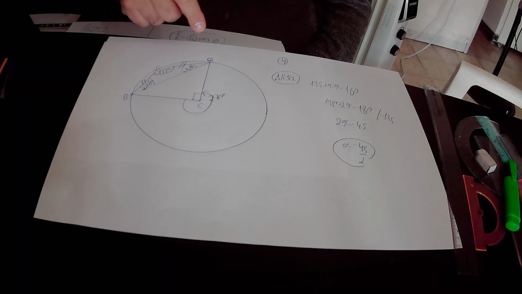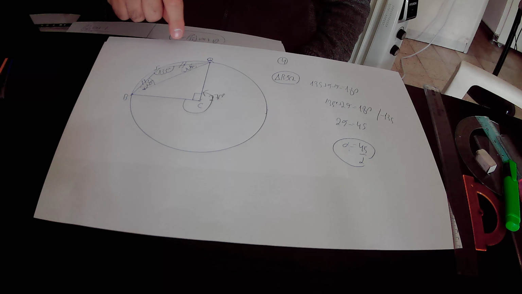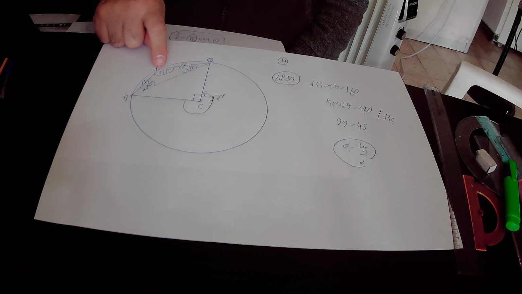Because the central angle QCB equals 270 degrees, peripheral angle QSB must be equal to 270 degrees over 2. This is 135 degrees.